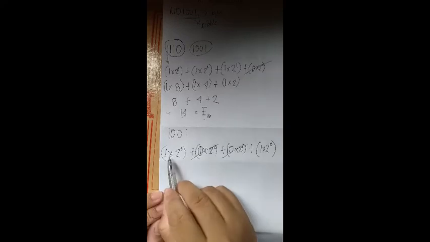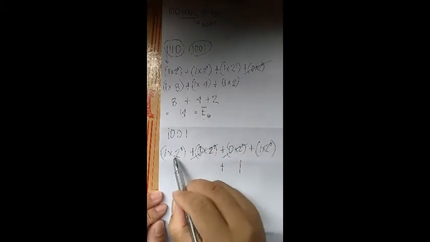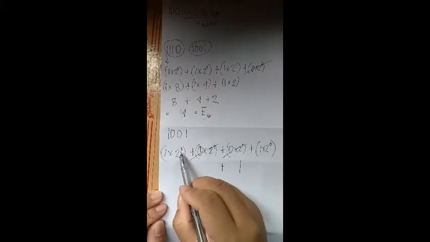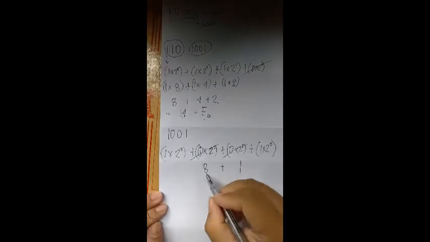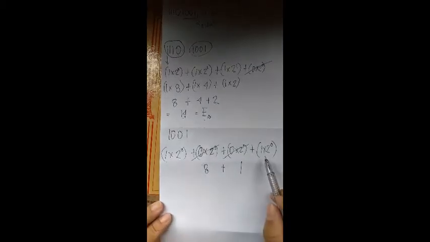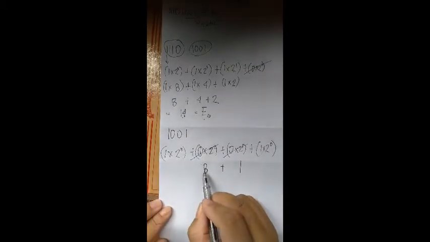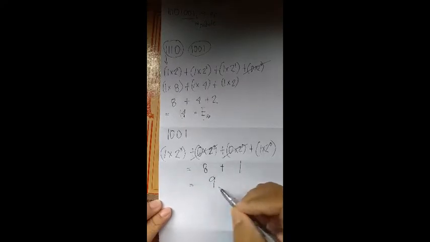So, ang mabilin is ang 1 times 2 to the power of 3 and ang 1 times 2 to the power of 0. So, ang 1 times 2 to the power of 0 is 1 plus ang 1 times 2 to the power of 3, which is 8. And, understandable naman nga ang 1 times 8 is 8 and ang 1 times 1 is 1. So, 8 plus 1 is equal to 9.